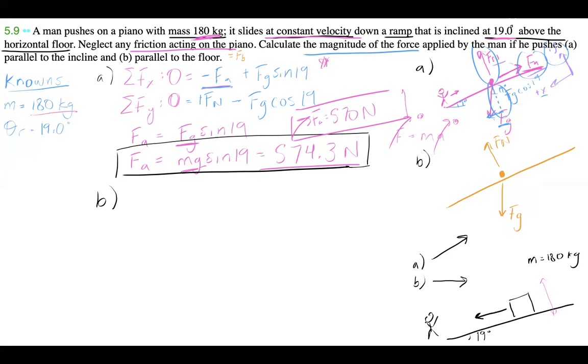FB is not going to be parallel to the incline. It's going to be parallel to the floor. So this man over here is going to be pushing like this, right? That makes sense. Okay, so that's going to be FB.